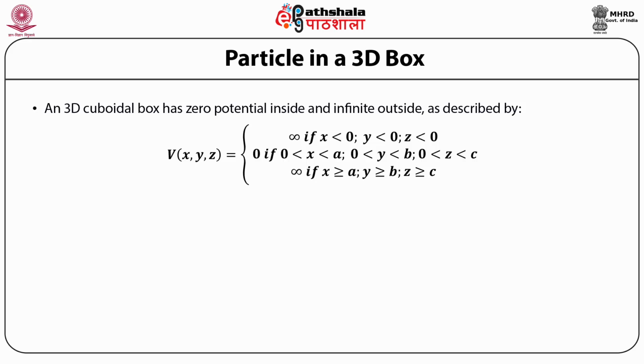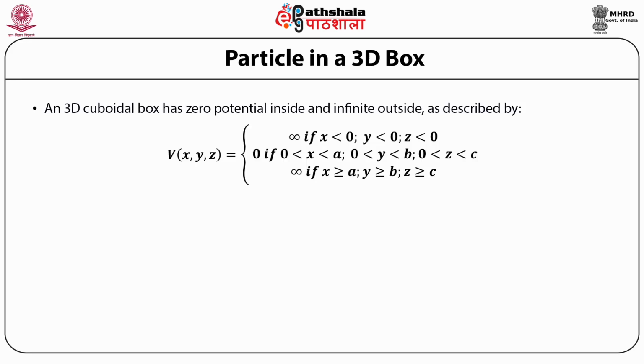So now if we try to write down the Schrodinger equation, then minus h cut square by 2m bracket d square by dx square plus d square by dy square plus d square by dz square plus V(x,y,z) bracket close psi as a function of x, y, z is equal to E psi(x,y,z).